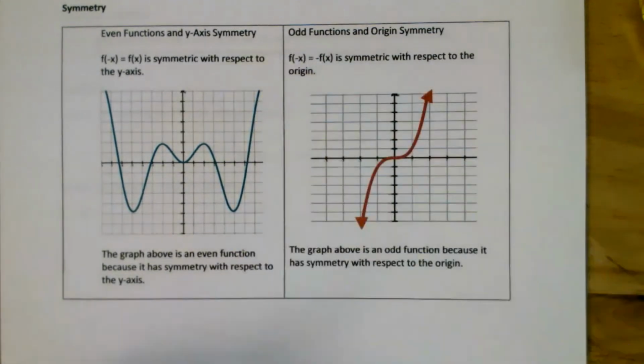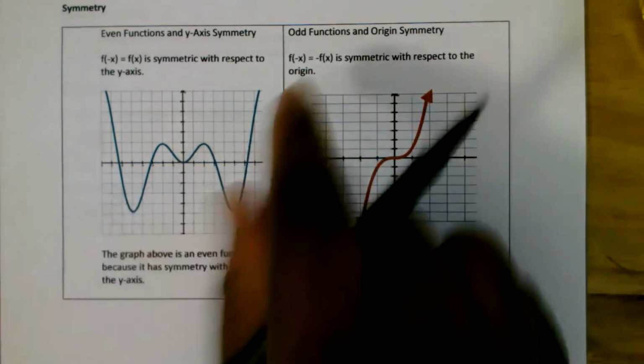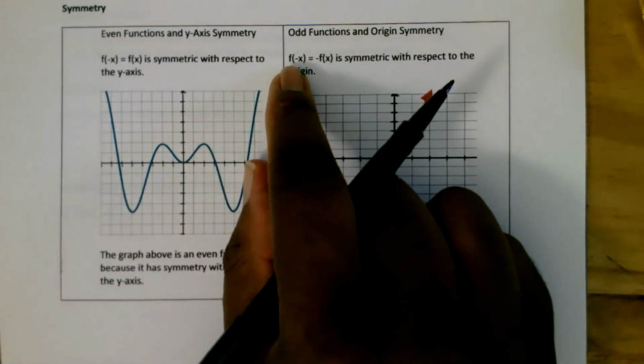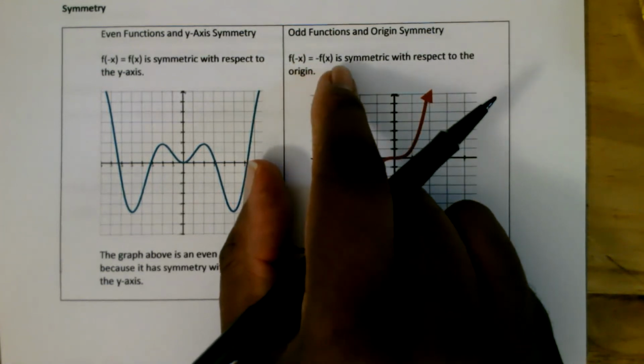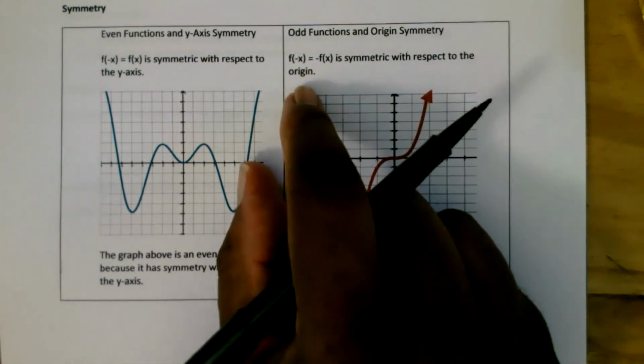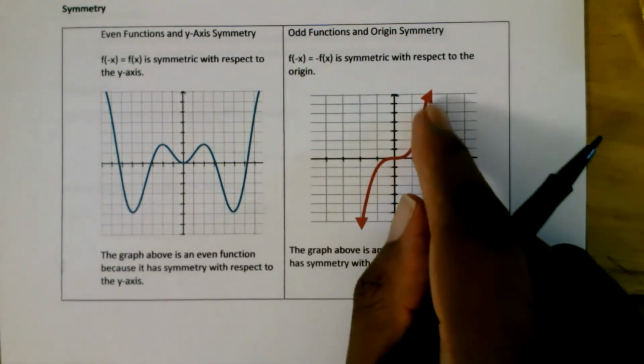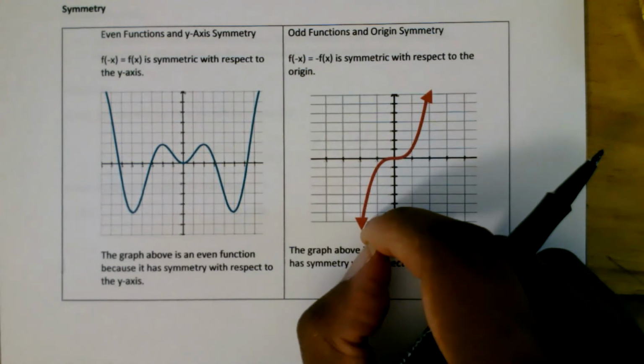Now for odd functions and origin symmetry, if I substitute the x for negative x in f of x, and I get the opposite of the original function, that graph will be symmetric with respect to the origin. And this is a graph that would be symmetric with respect to the origin.